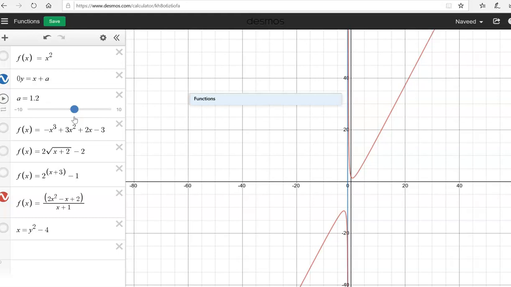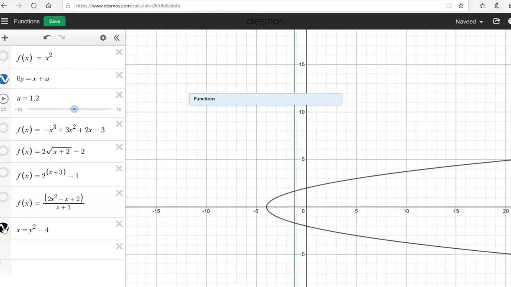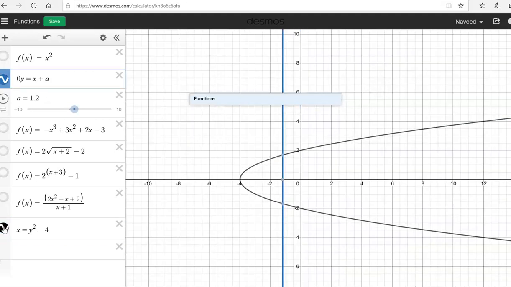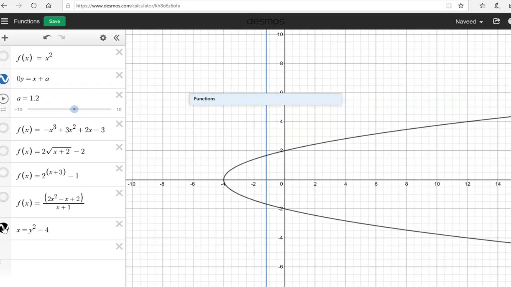Now I want to show you an example of a non-function. Here is the perfect example of a non-function. Let me zoom in. When you do the vertical line test, it's very important to see that at any given point the vertical line crosses the graph at 2 points.